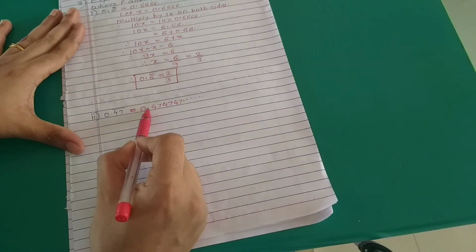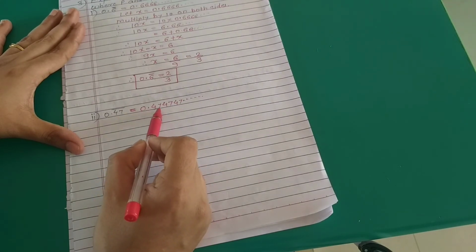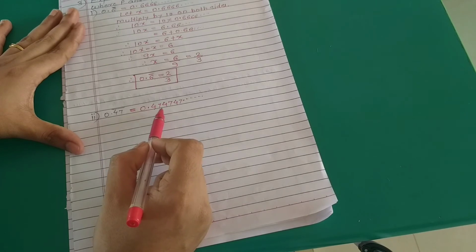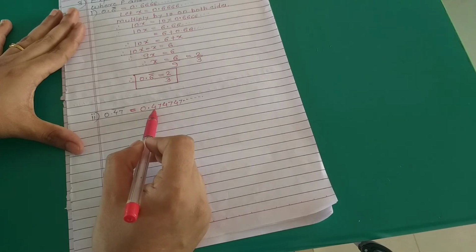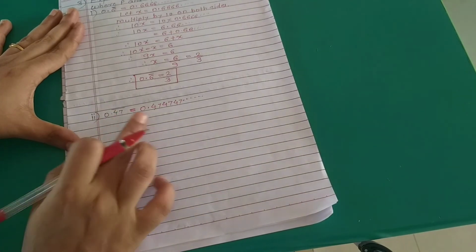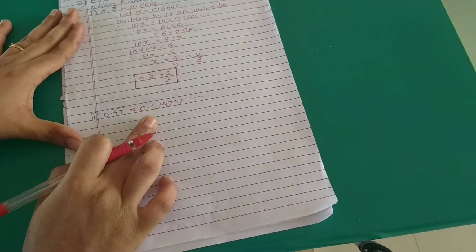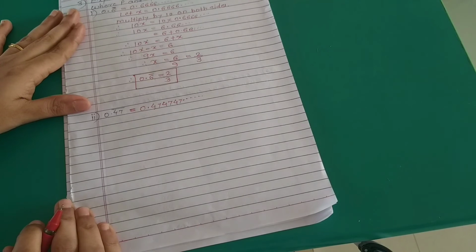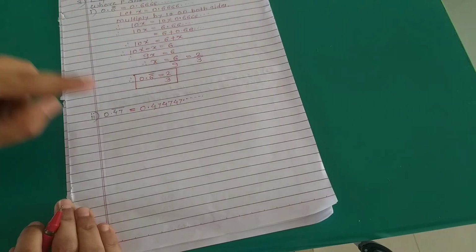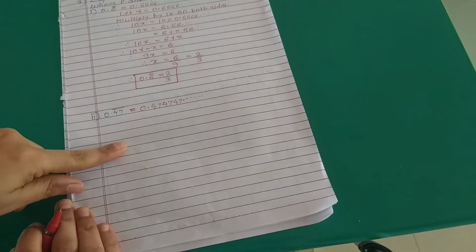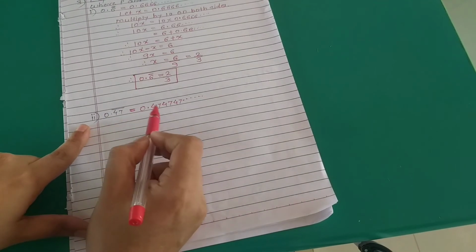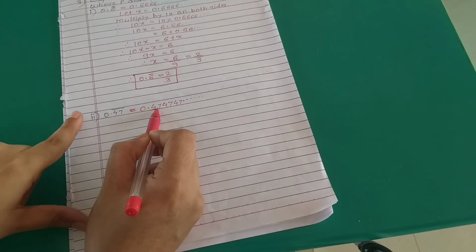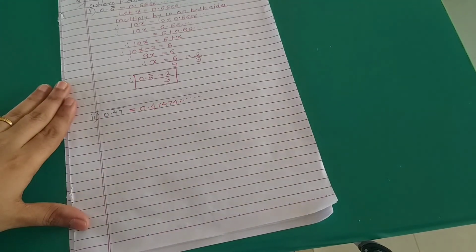Here two numbers after the decimal point are repeated, therefore we multiply by 100. In the previous example only one number after the decimal point was repeated, therefore we multiplied by 10. But in this example two numbers are repeated, so we multiply by 100.